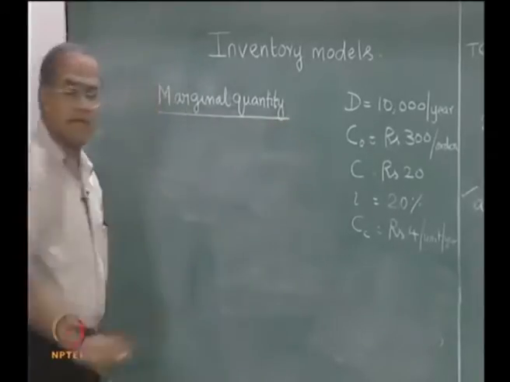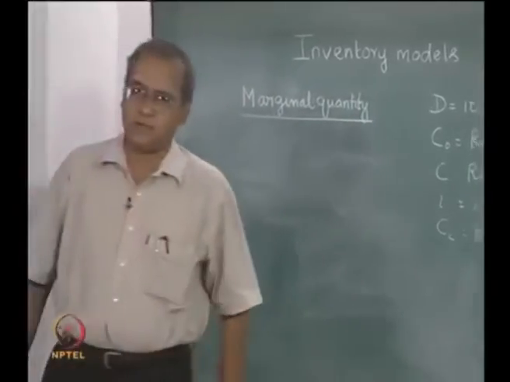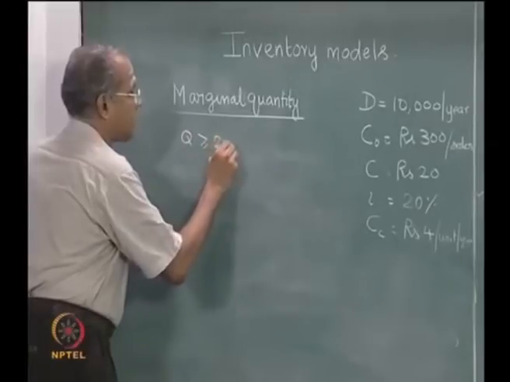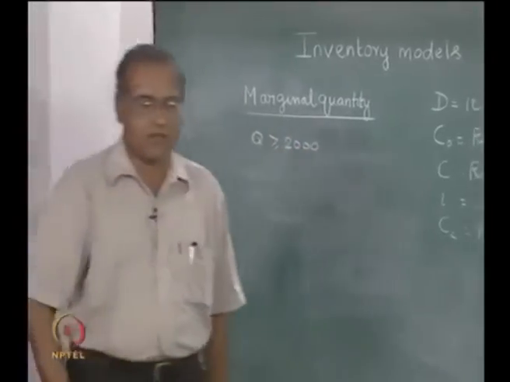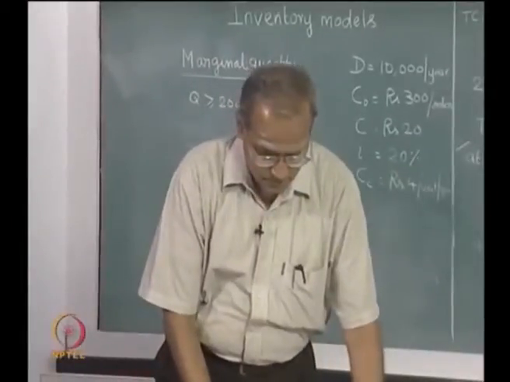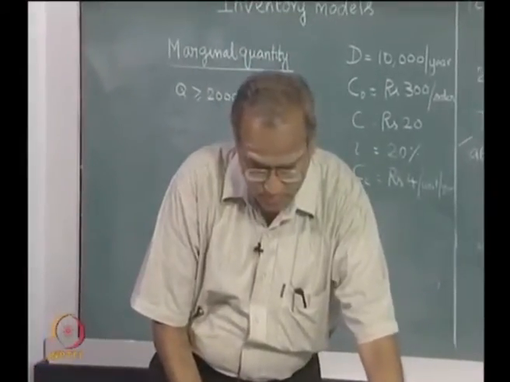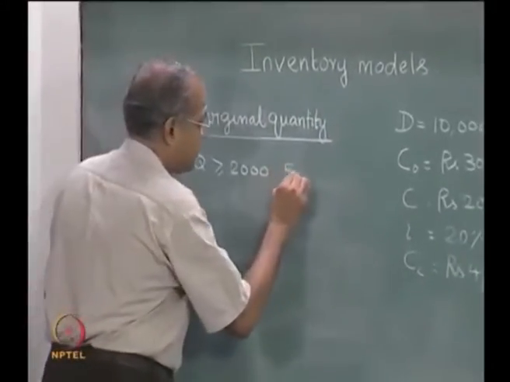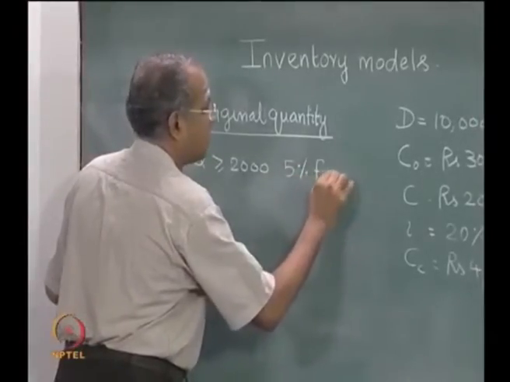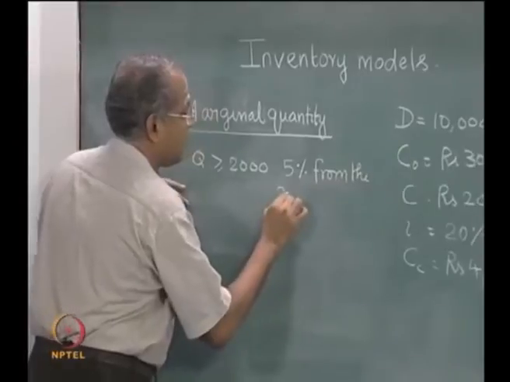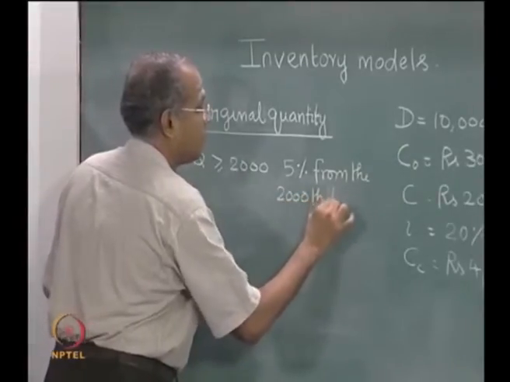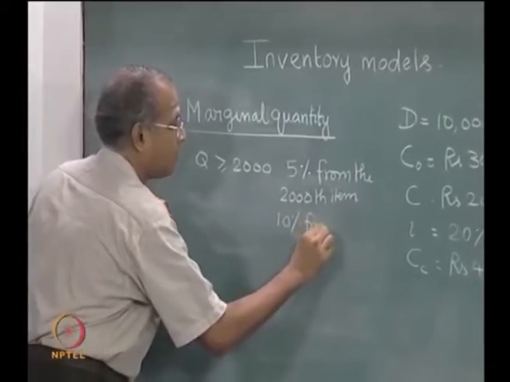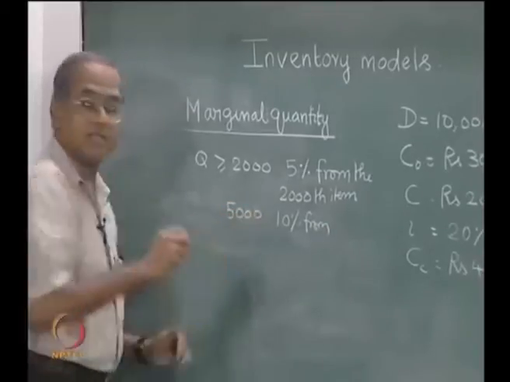In marginal quantity discount, the vendor may say that if you order for Q greater than or equal to 2000, let us say the vendor may give us, let us say, 5% from the 2000th item and say 10% from the 5000th item. What is the difference?